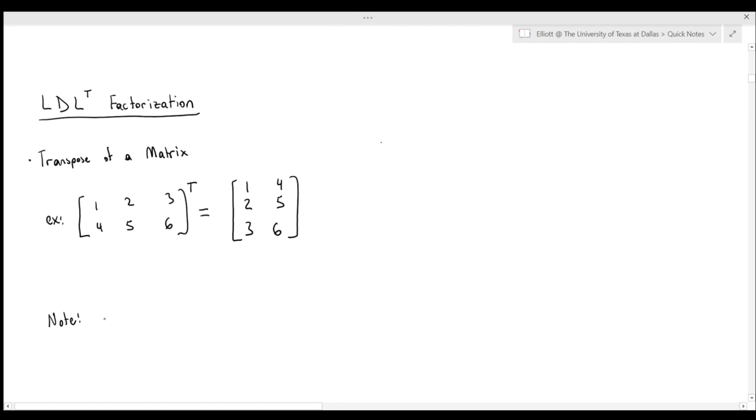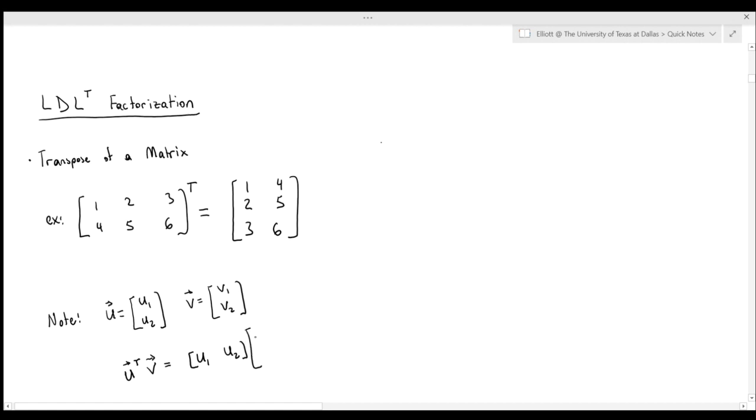Let's suppose that we have two vectors, and to keep it small, I'm just going to work in 2 dimensions. Let's just suppose we've got these vectors u and v. Notice that if I take u and I transpose it, and then I multiply that with vector v, transposing u makes the column into a row.